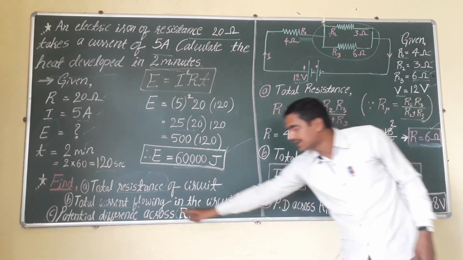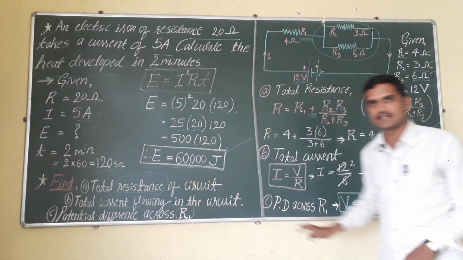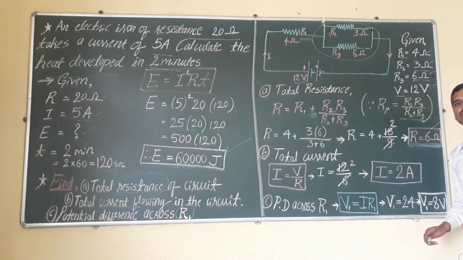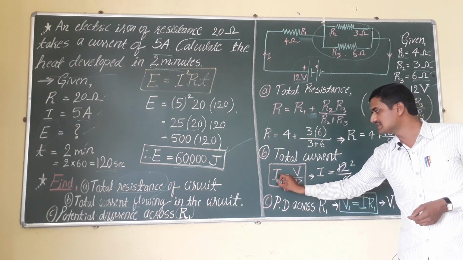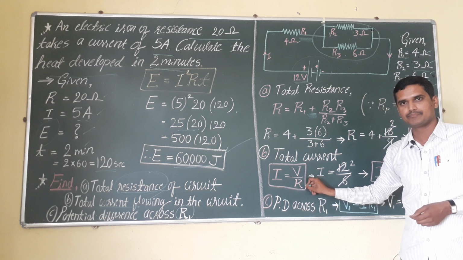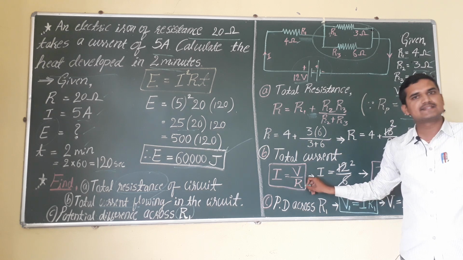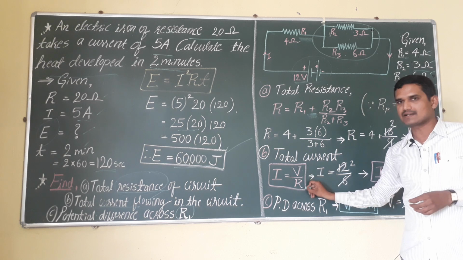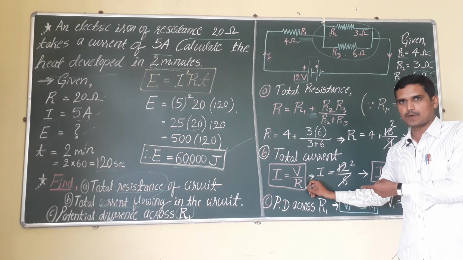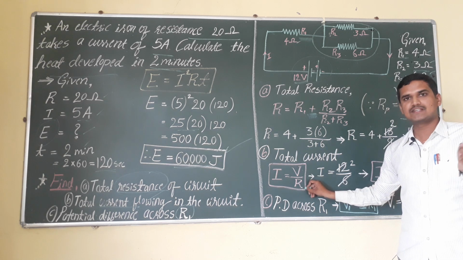The second question is, calculate the total current flowing in the circuit. To determine the total amount of current flowing in the circuit, we already know the current formula, that is I is equal to V divided by R. One more formula is there, I is equal to Q by T. But here the given data is potential difference and resistance, so use the formula V is equal to IR.